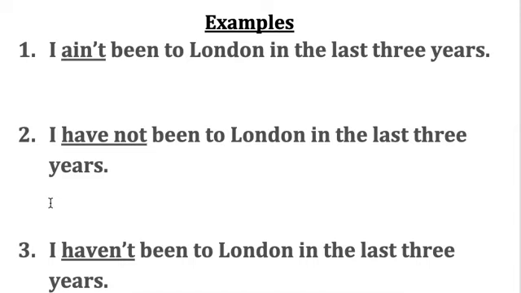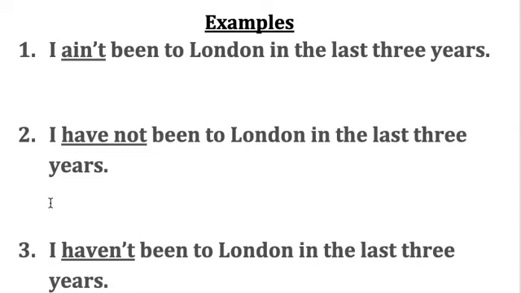Because when you keep on using ain't in your speech or writing, it shows that you do not have depth of vocabulary. You do not know where to use am or are or is, have or has. So basically it makes your speech or writing very non-standard.